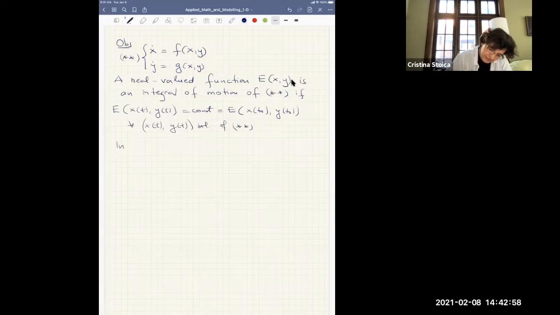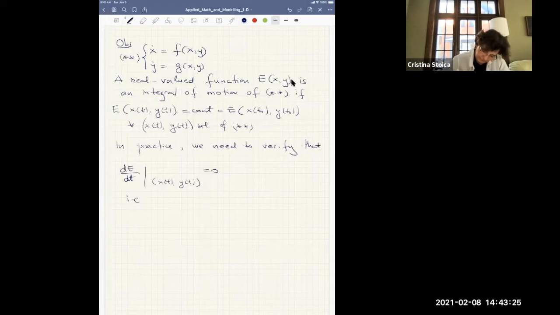In practice, we need to verify that dE/dt along a solution equals 0. When we do dE/dt, which will be df, right?